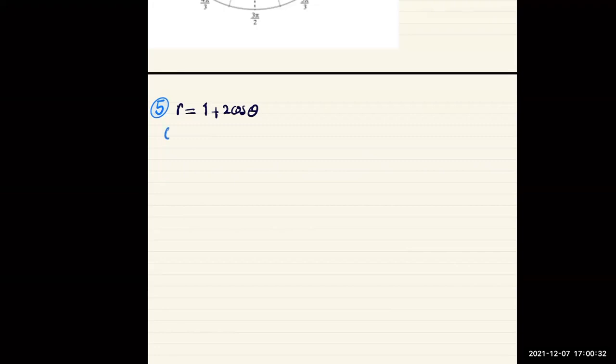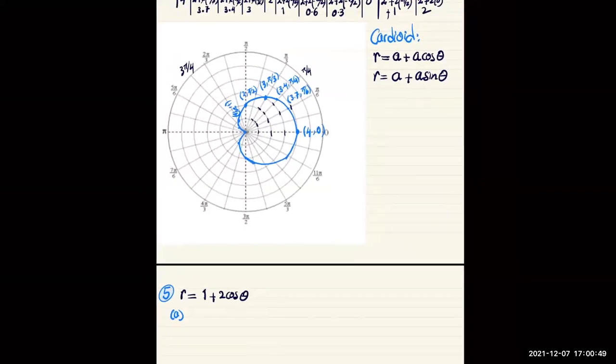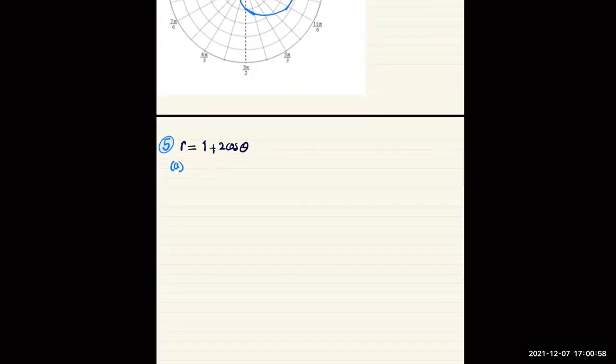For part A, we are going to find the zeros of R. We set R equal to 0 because if you know when R is 0, you know when the graph is going to meet the pole. At the pole, R is 0. So find the zeros of R.